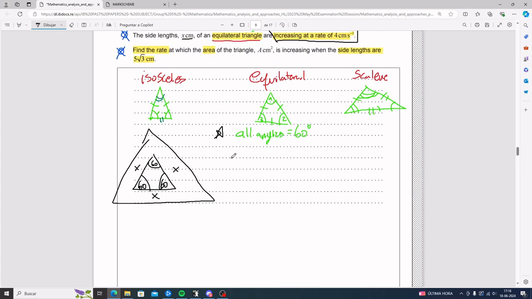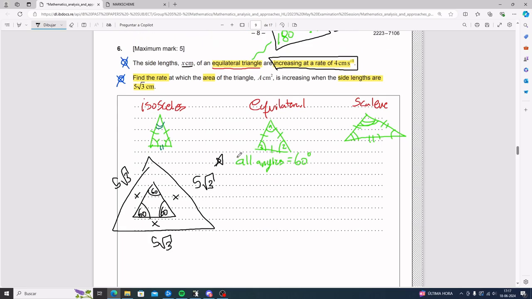So the question of this exercise is at which rate is the area increasing, especially when the side lengths are 5 square root 3. That's the question it's trying to ask. First of all, the area is going to get bigger, of course, and at which rate is it getting bigger exactly at 5 square root 3 for the side lengths? So that is a little bit the context of the problem.